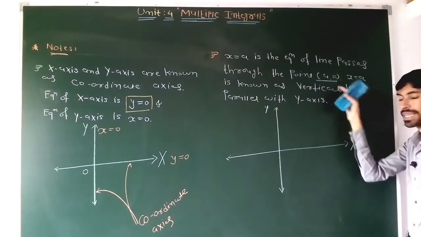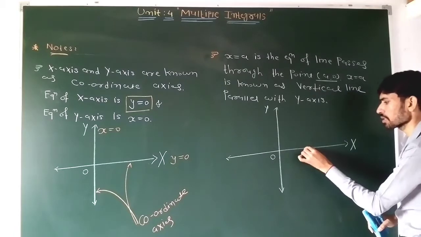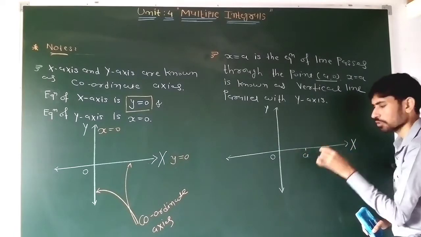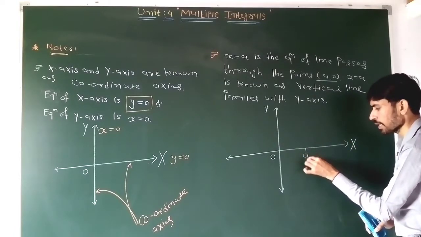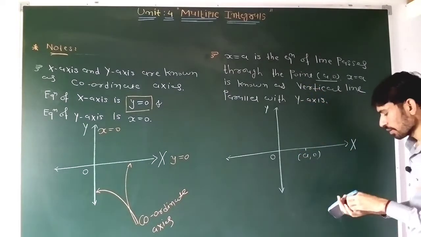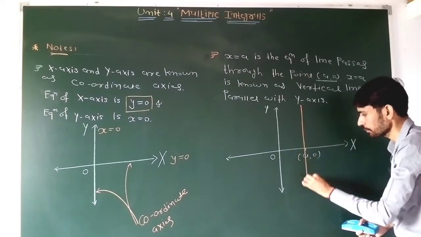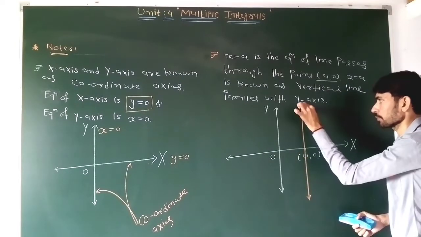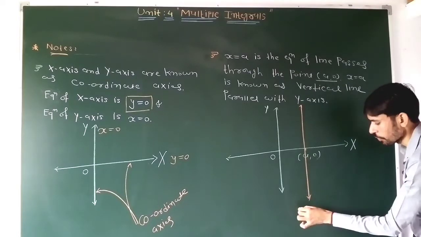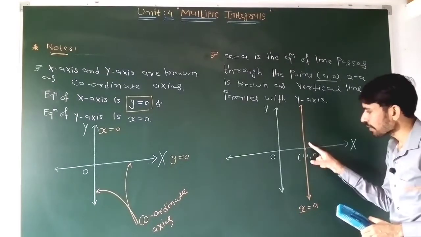This point (a, 0) lies on the x-axis. Suppose this is the point a, so the coordinate of this point is (a, 0). So the equation of this line is x is equal to a.